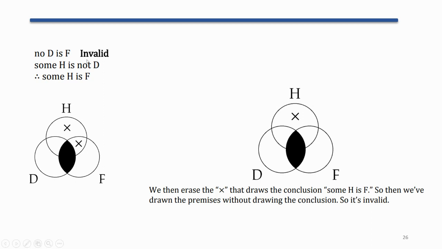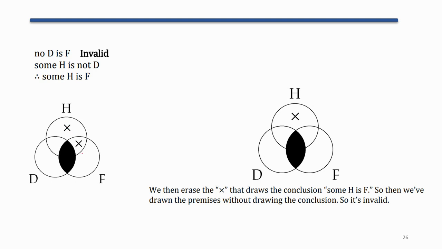So no D is F. It means this is the shaded area. Then coming to some H is not D. Between H and D, some H is not D means that the non-overlapping area will be crossed out.